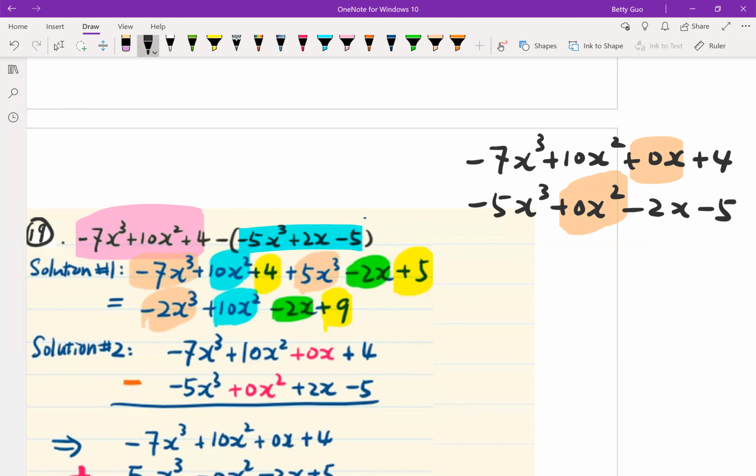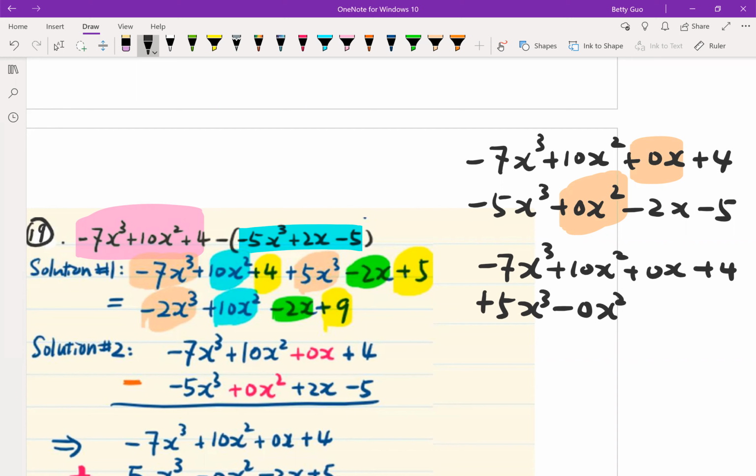Minusing a number is equivalent to adding the opposite. So we copy the first polynomial and then reverse the signs in the second polynomial. So we have a -5, we're going to write that as a +5. We have a +0, we can write that as -0x squared. -2x becomes +2x. -5 becomes +5.